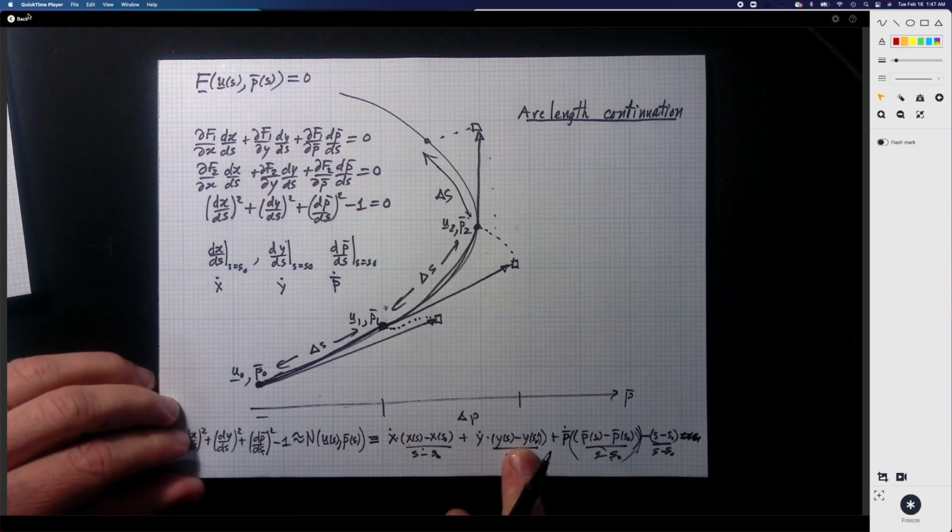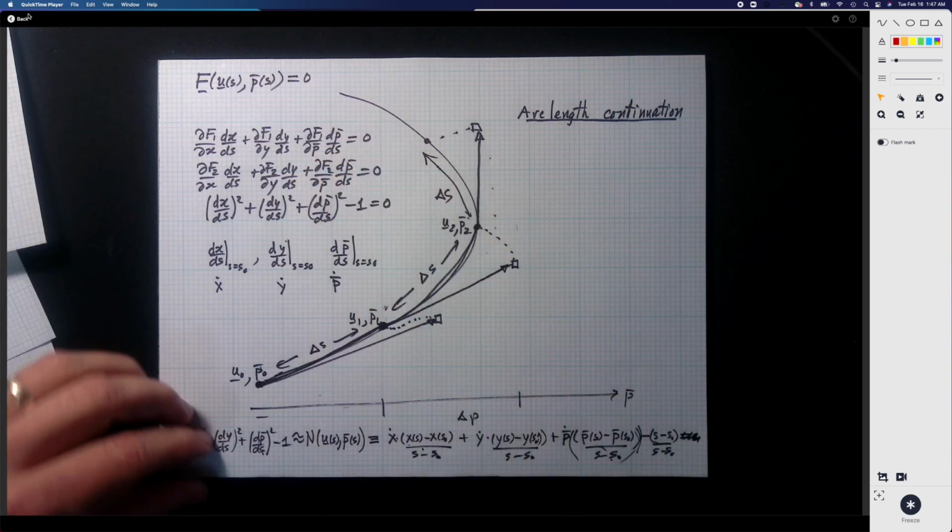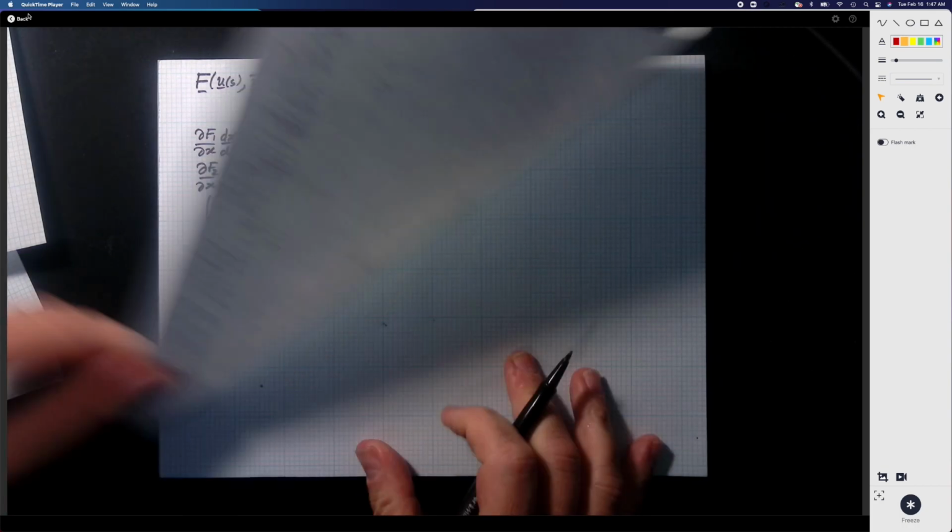And so the system, we're going to use this for the predictor, and then for the corrector, we're going to solve the augmented system.